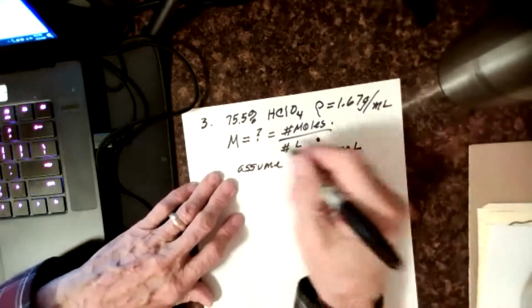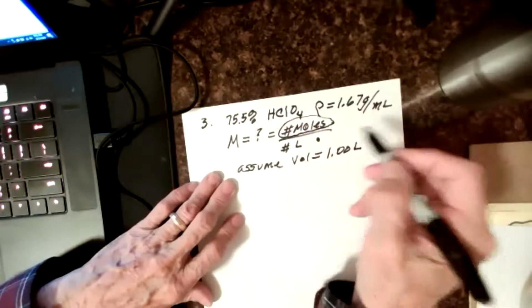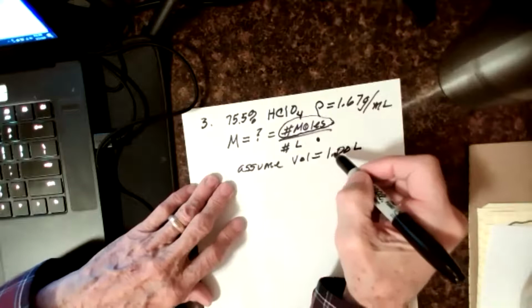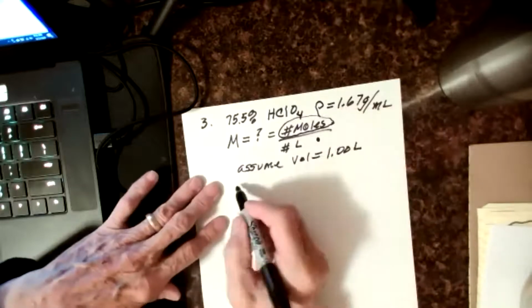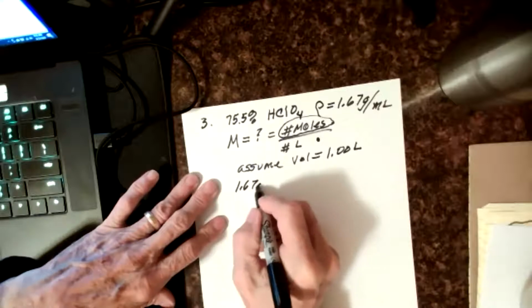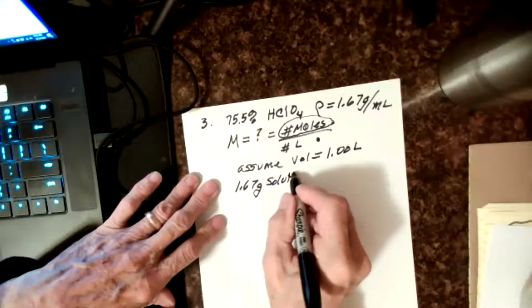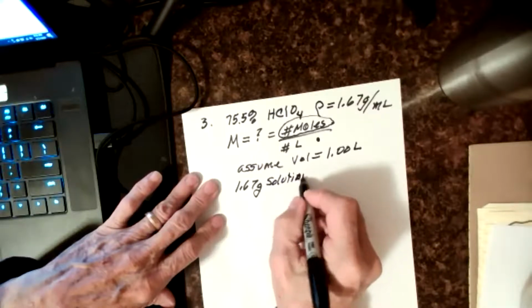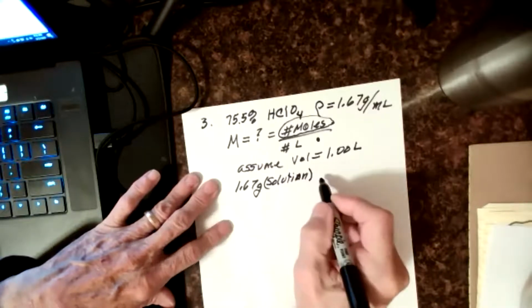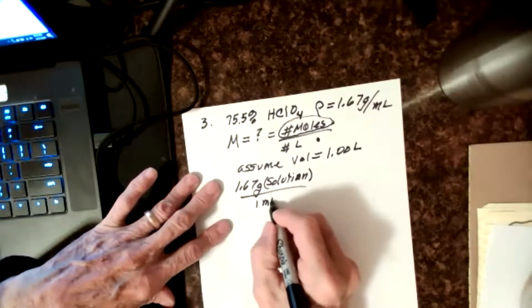Now, my task then becomes how many moles of the solute would be in that liter? So I need a liter. Look at the density. I can take the density as 1.67 grams of the solution. That's what the density is. It's on the solution. Per 1 milliliter.